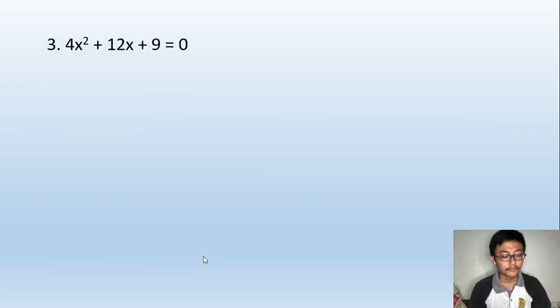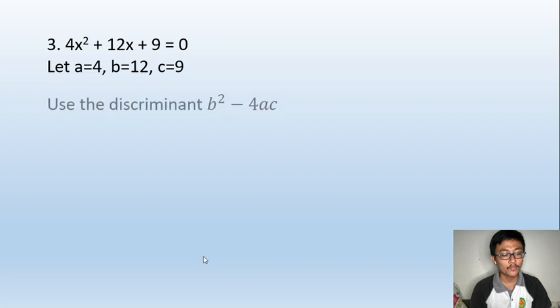And then, for our last example, we have 4x squared plus 12x plus 9 equals 0. Again, we let a equal 4, b equals 12, c equals 9.